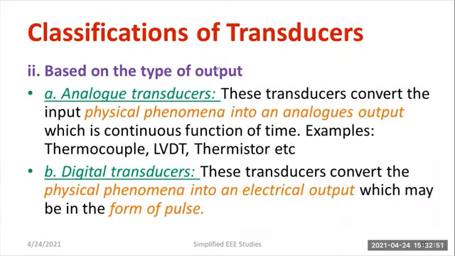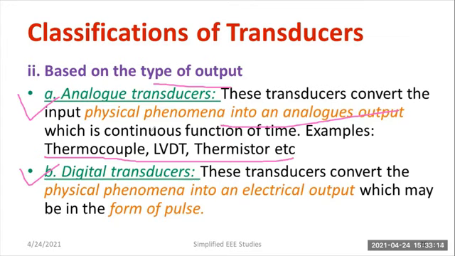Now, according to the nature of output, it is possible to divide the transducers into analog transducers and digital transducers. Regarding analog transducers, the output of the transducer will be analog in nature. For example, thermocouple, LVDT, thermistor.